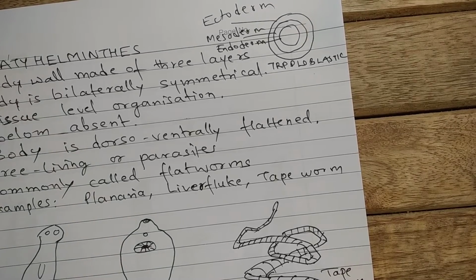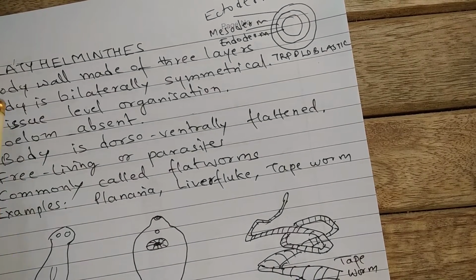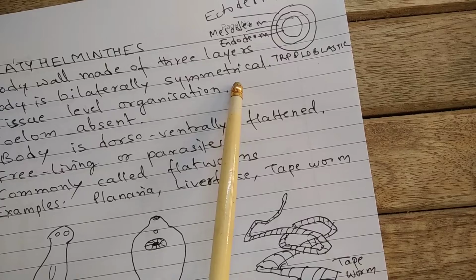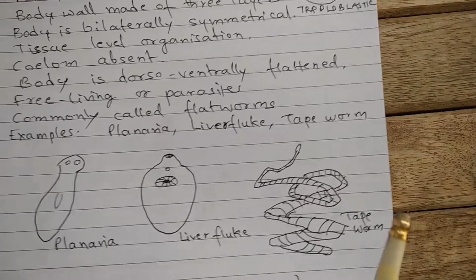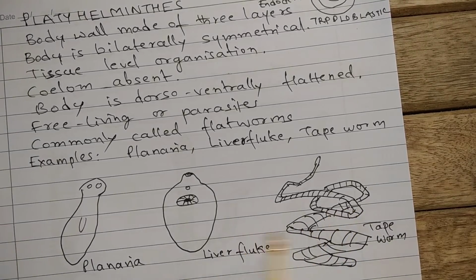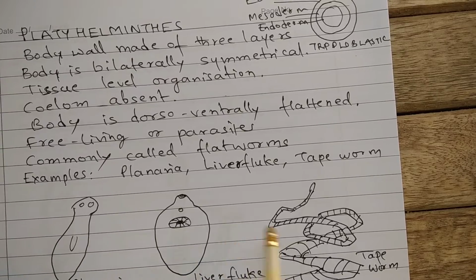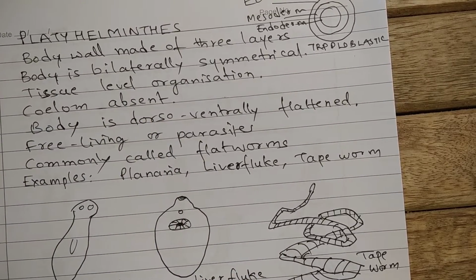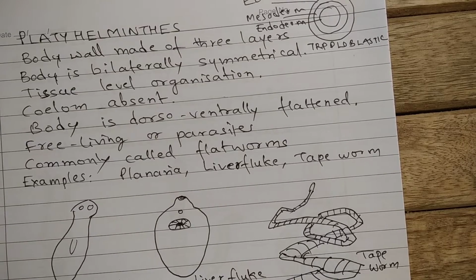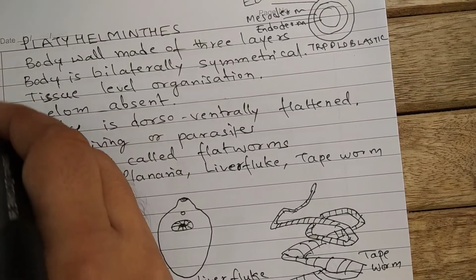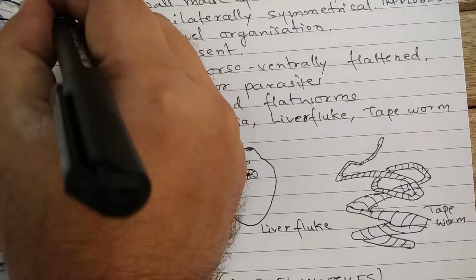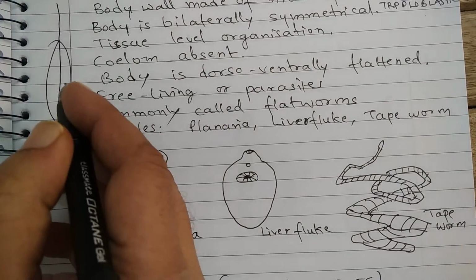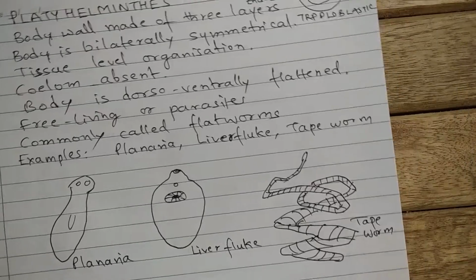Another point is that these are bilaterally symmetrical animals, which means the body can be divided into two equal halves from only one plane. For example, this is the body and you can divide it from this plane into two equal halves, this half and this half.